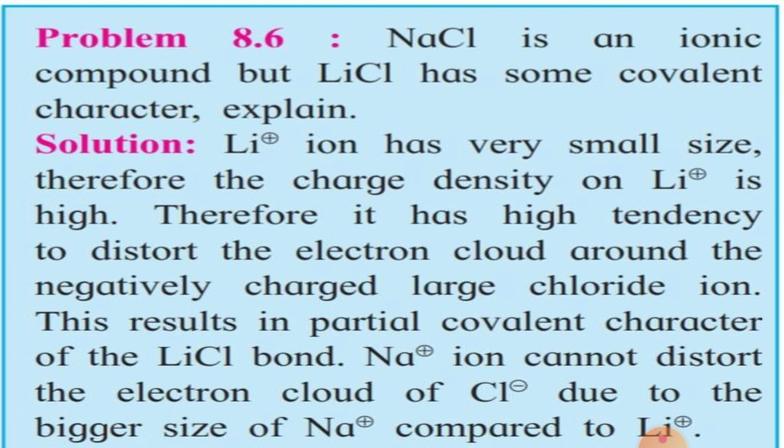As we know, lithium has a very small size compared to sodium, due to which lithium has more charge density. Hence, lithium can distort the electron cloud around a negatively charged large chloride ion, while sodium cannot. Due to these reasons, NaCl is an ionic compound, while lithium chloride has some covalent character.